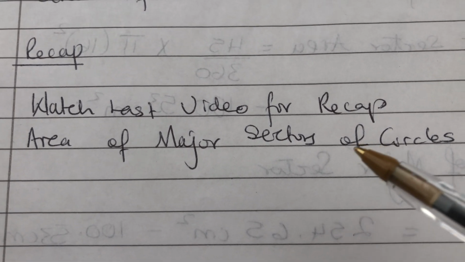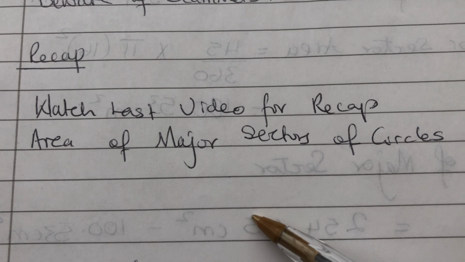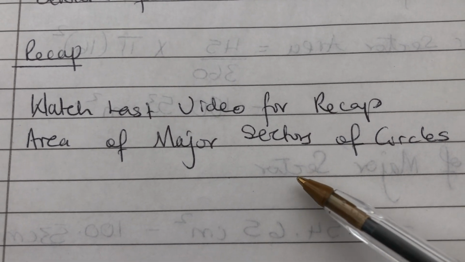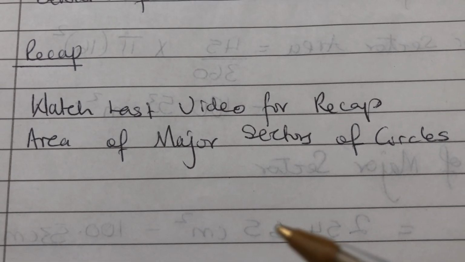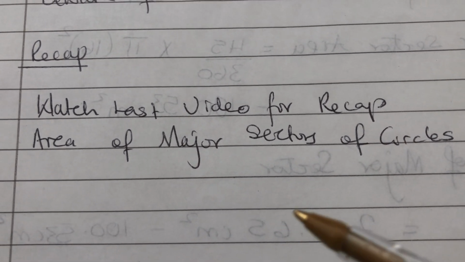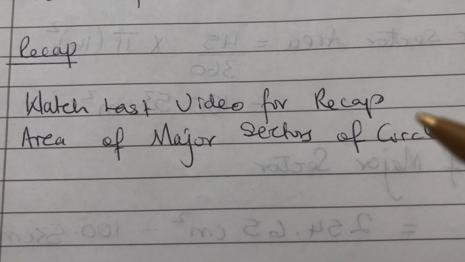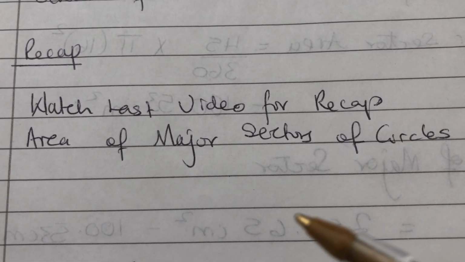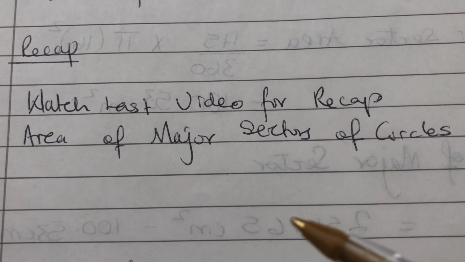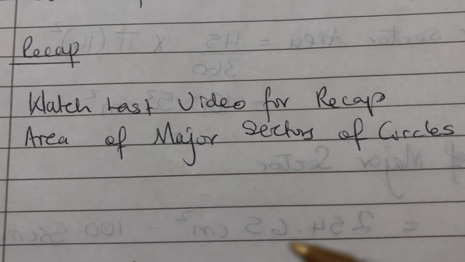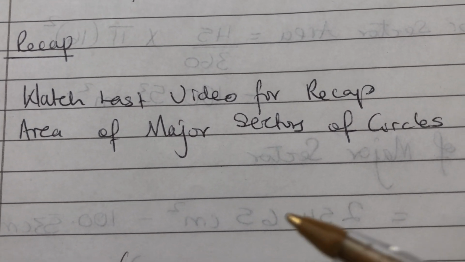First, you have to find out, am I looking for the major sector or the minor sector? If the angle is less than 180, then it is a minor sector. If it's greater than 180, then it is the major sector. If it's equal to 180, then it's half of the circle, so you can find the area of the full circle and halve it.